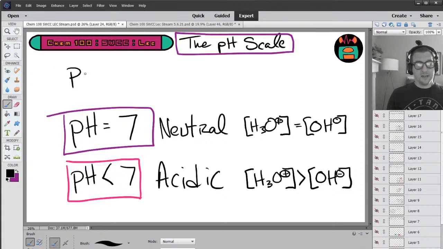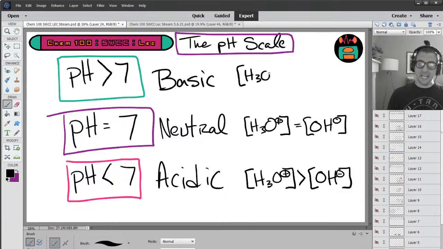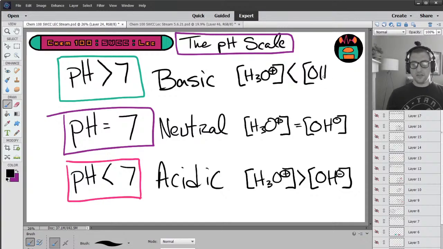And finally, if you have a pH that is greater than 7, this would tell you that your solution is overall basic because the concentration of acid in solution is less than the concentration of base.